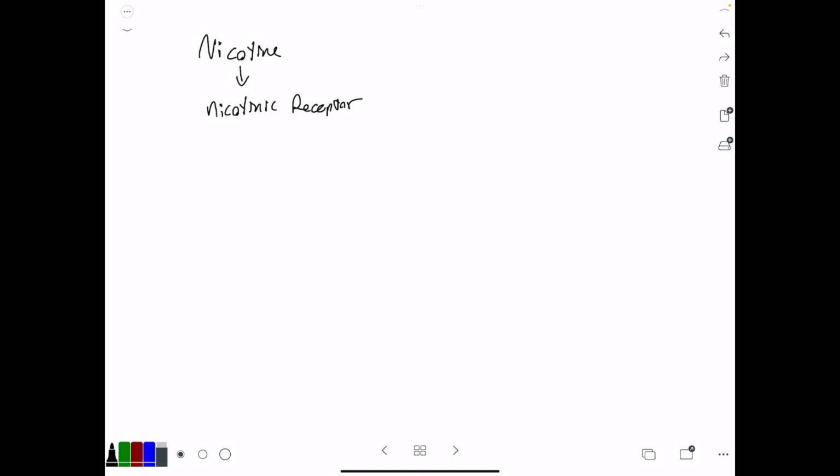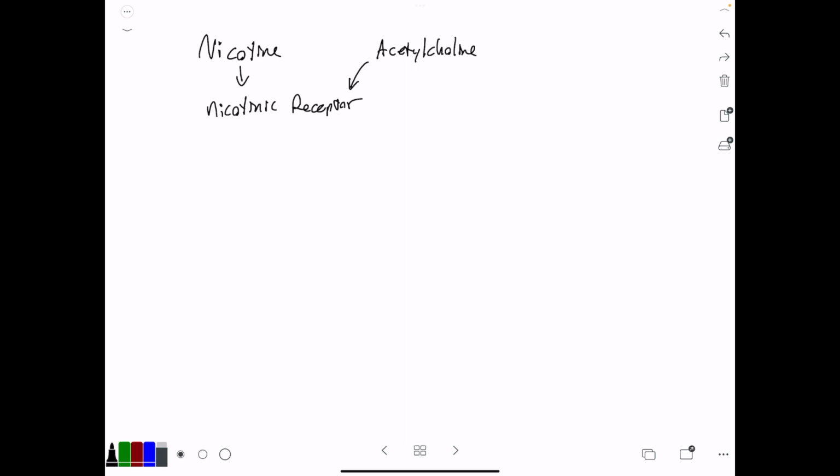And what else binds to, what endogenous chemical binds to nicotinic receptors? Do you remember? Acetylcholine. Acetylcholine binds to nicotinic receptors, right?